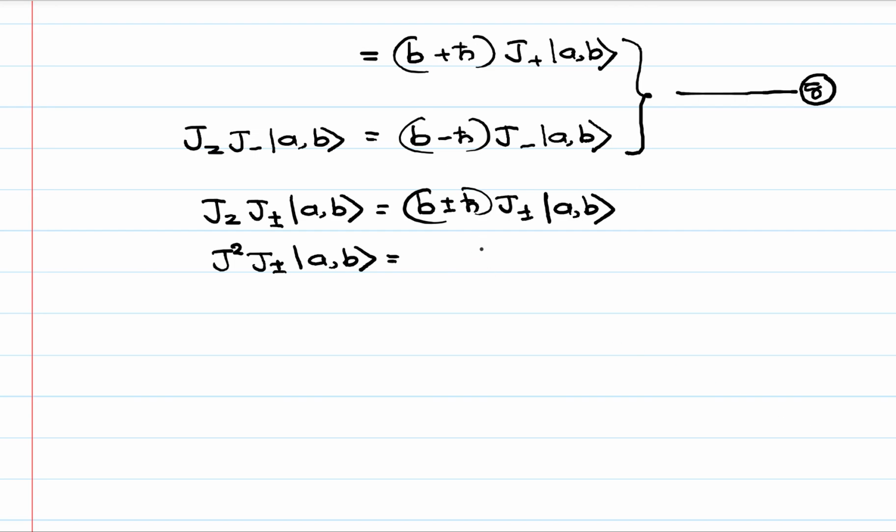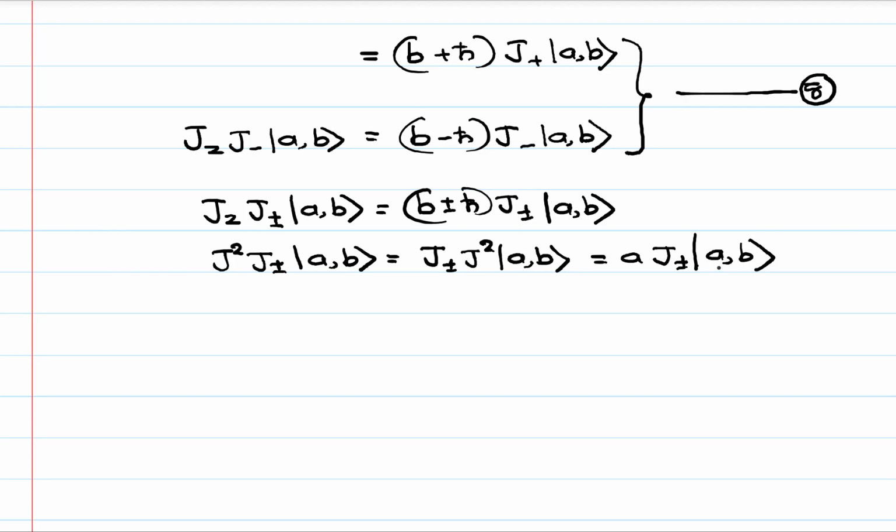So I can write J± J² ket |a,b>, that is equal to a times J±|a,b>. That is, J± only changes the eigenvalue b but not a.